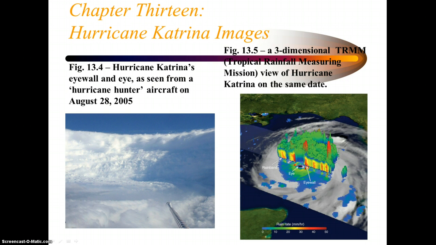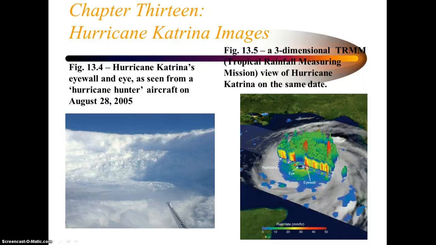Figure 13.4 shows Hurricane Katrina's eye wall and eye, as seen from the perspective of meteorologists in a Hurricane Hunter aircraft flying over the Gulf of Mexico on August 28, 2005. Sorry for the graphic being in the way, but figure 13.5 shows you a three-dimensional TRMM view of Hurricane Katrina on the same date. The TRMM is the Tropical Rainfall Measuring Mission.